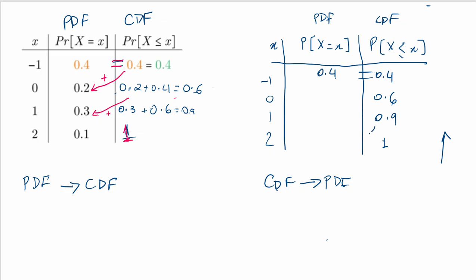You have summed up the blob here to 0.9 to give you 1, right? So 0.9 plus the blob gave you 1. How much is the blob? 0.1, right? Cool?